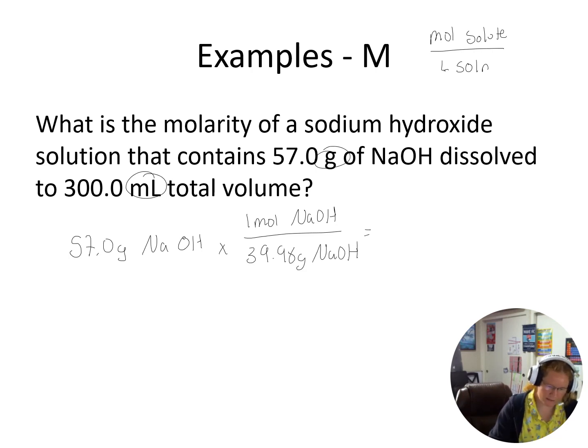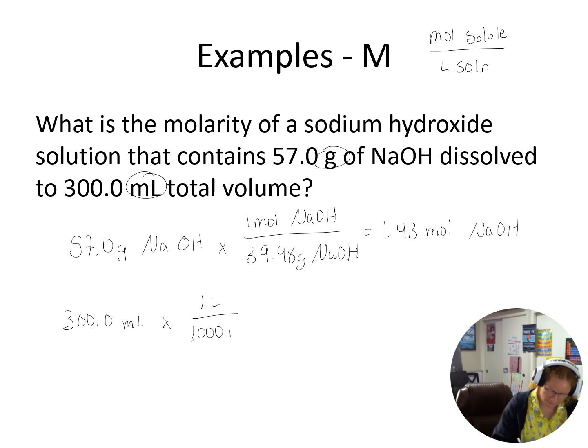And I get 1.43 moles sodium hydroxide. And 300 mils times 1 liter in every 1,000 milliliters gives me 0.3. Okay? So now I have the right units to solve my problem.